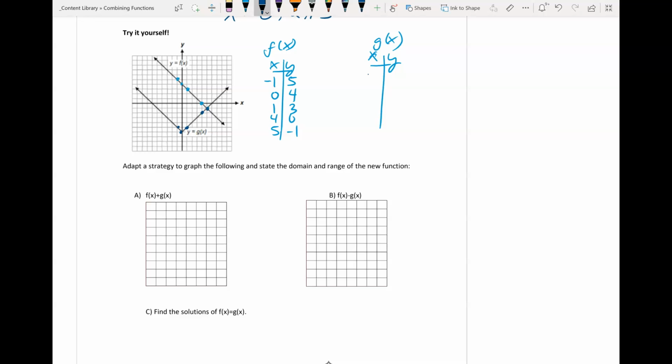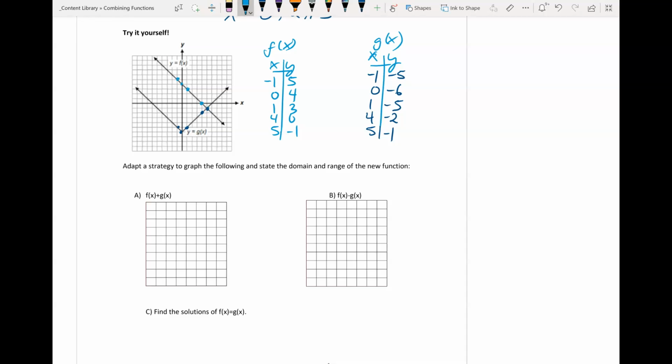So that's -1, -5, 0, -6, 1, -5, 4, -2, and 5, -1.